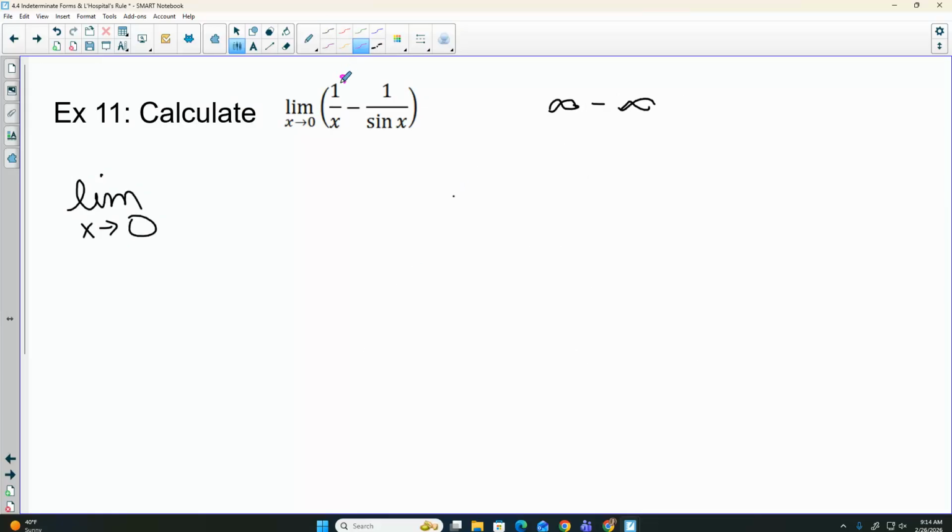That means I have to take this first one times sine x on top and bottom, and the second one times x on top and bottom. So that would give me sine x minus x over x sine x. Does everyone see how I got that common denominator?